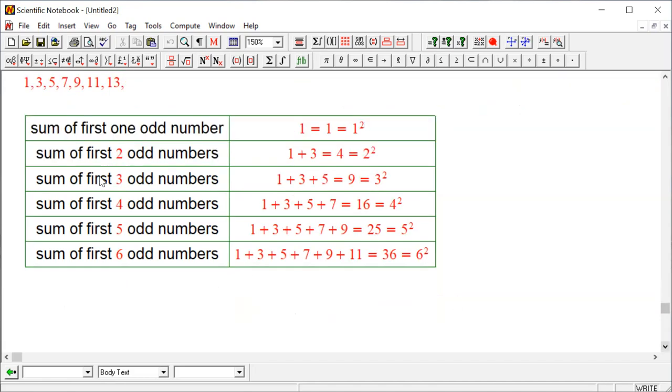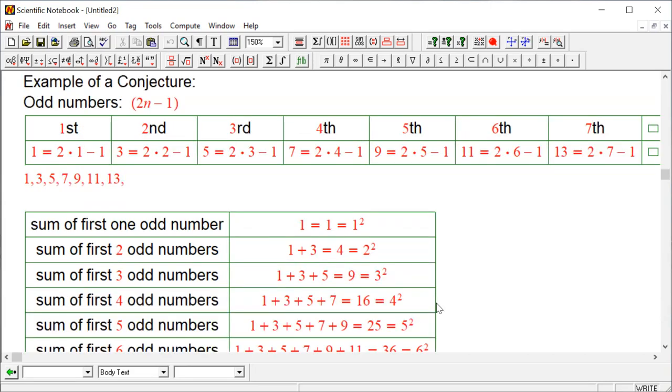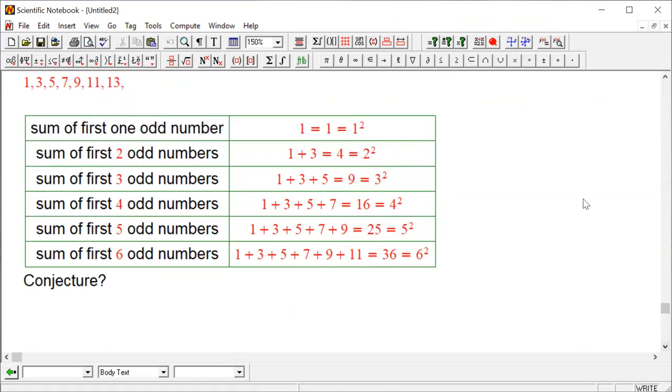So our conjecture is, is it true? It seems that the sum of the first n odd numbers. What is the sum of the first n odd numbers?